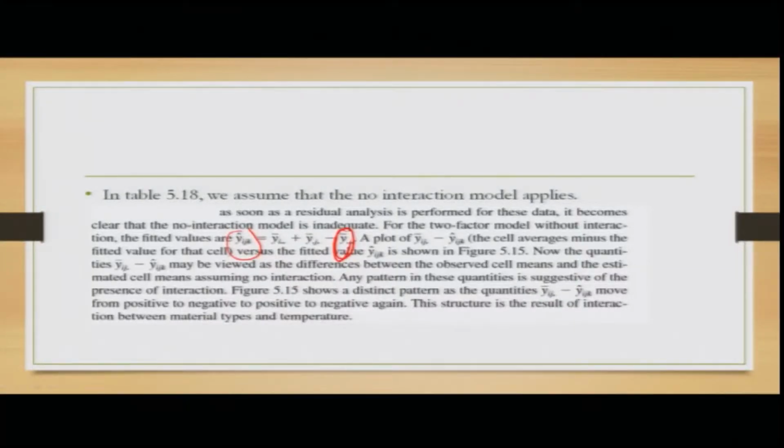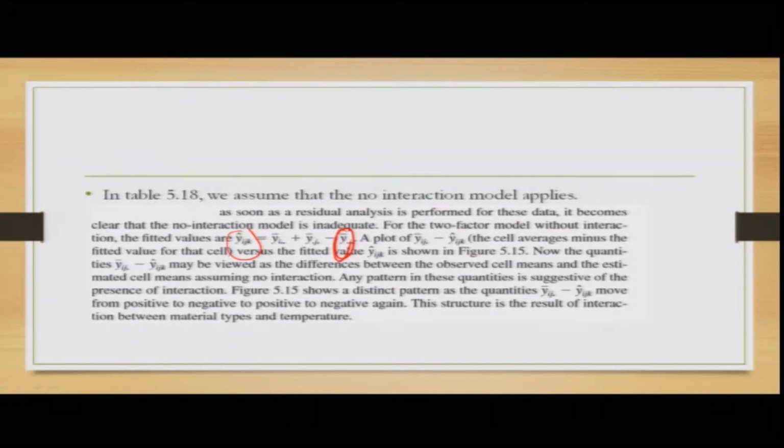Any pattern in these quantities is suggestive of the presence of interaction. If there are no patterns, it means they are standalone effects affecting the overall reading. Figure 5.15, which we will see, shows a distinct pattern as the quantities y bar ij dot minus y hat ijk, the estimated value, move from positive to negative and from negative to positive.